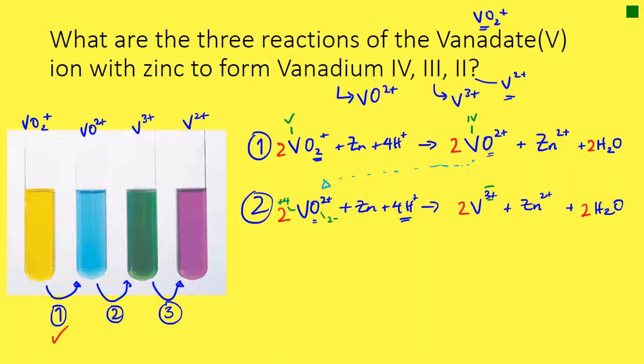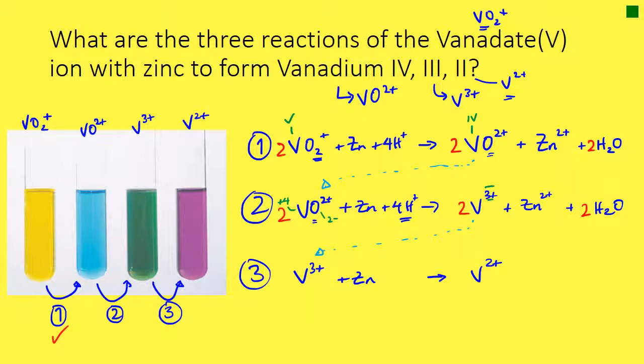And then thirdly, we have to go from green to purple to get all the way to vanadium 2+. So our third reaction is going to start with our V3+ ion. Drawing a little light blue line from here. And we are again going to reduce that, this time from V3+ to V2+. And we're again going to use some zinc to do that. So our reducing agent is zinc.